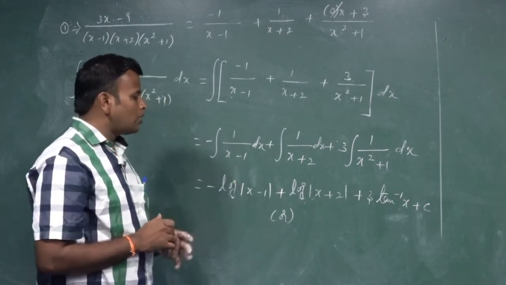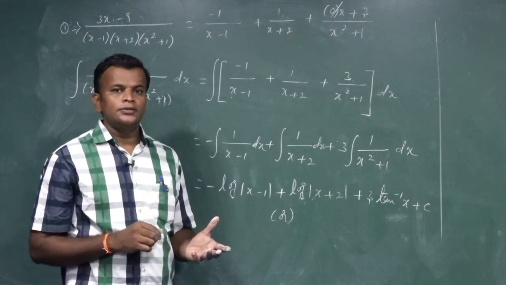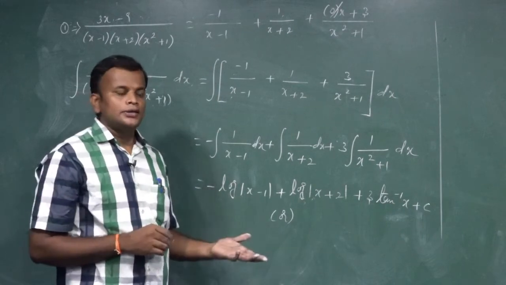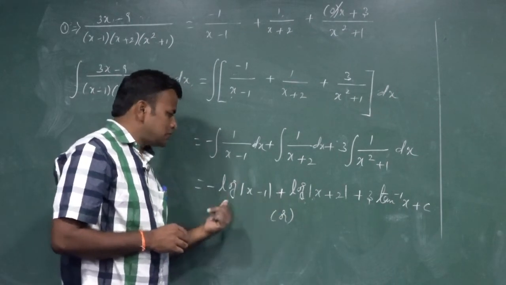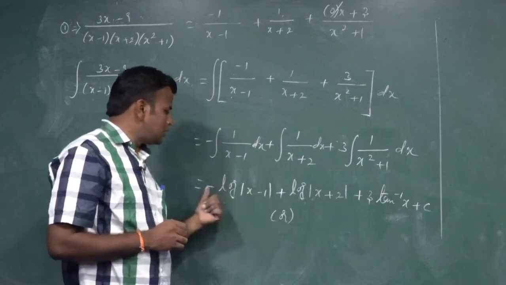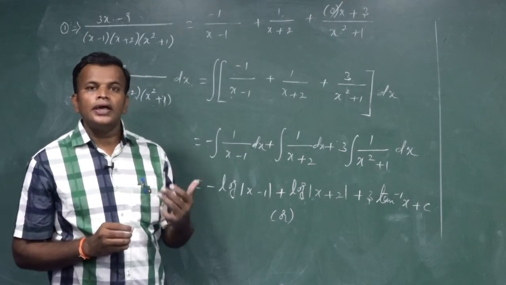You see the formula of log. Log m by n, you know the formula? Log m minus log n is log m by n. Actually it's a positive term, and it is a negative term. We treat it as the first term, log m minus log n. The formula log m minus log n is log m by n.